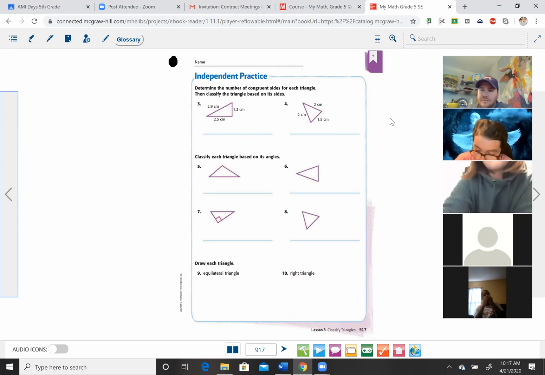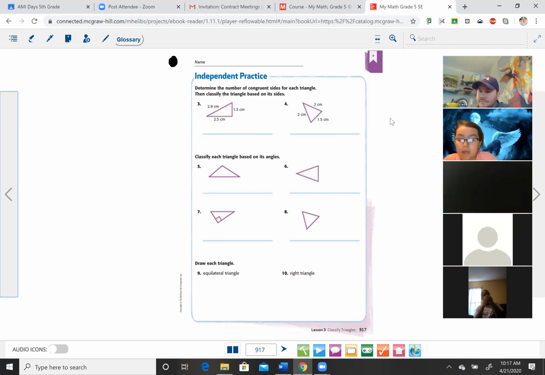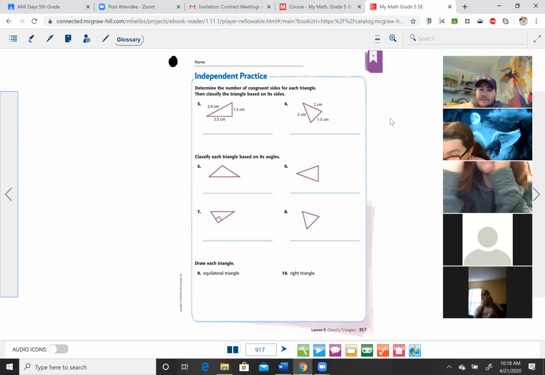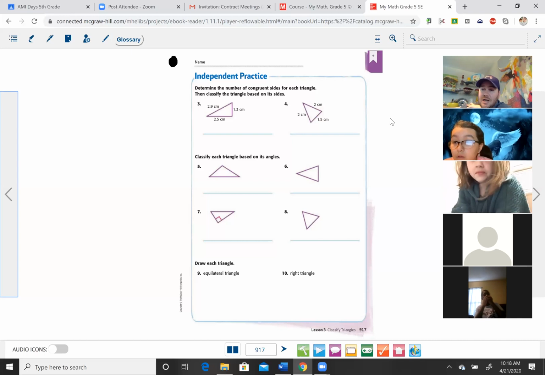I don't really get question 3 on the independent practice. Okay. So it says determine the number of congruent sides for each triangle. Then classify the triangle based on its size. Guess what? It's not asking for you to say, is it acute? Is it obtuse? Is it right angle? It's literally asking, is it isosceles, equilateral, sides the same.